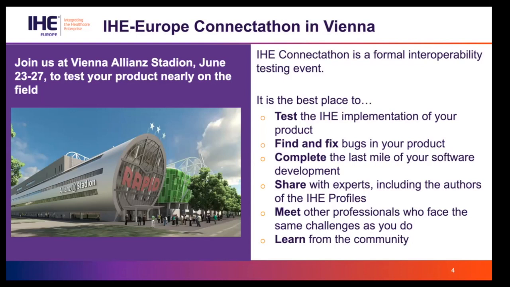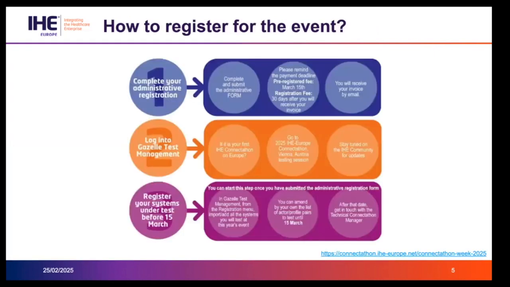Registration is still open until the 15th of March. It's a 3-step registration. First you complete a form in ClickUp, which will generate your contract. Then you can log into the Gazelle test management tool, where you perform your technical registration by creating your system under test and listing all the actor profiles you want to test in Vienna.